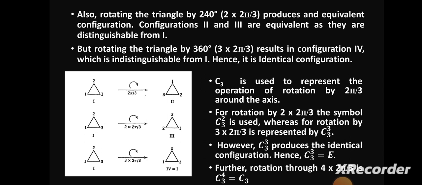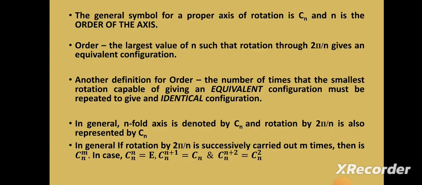Hence, C3 thrice can be replaced by E, where E is the notation for the identical configuration. Now let us consider 4 times 2 pi by 3, which is denoted by C3 to the power of 4. This results in configuration 2 only, which is the same as the operation of a mere C3 rotation. Now we will generalize the proper axis and proper rotation.